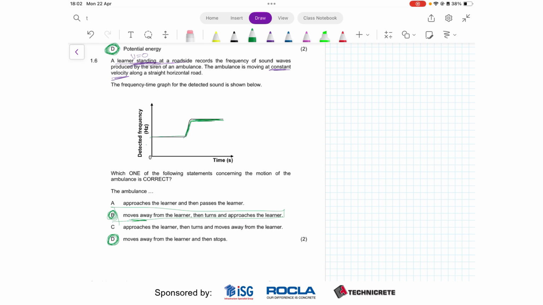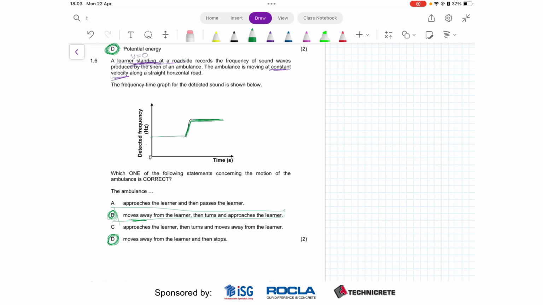So think about that as the frequency. If the source is moving away from you, then the frequency gets lower. If the source is moving towards you, the frequency gets higher. If a car that is blasting its horn is moving towards you, it gets louder the closer it gets to you. Therefore, B is a possible solution.